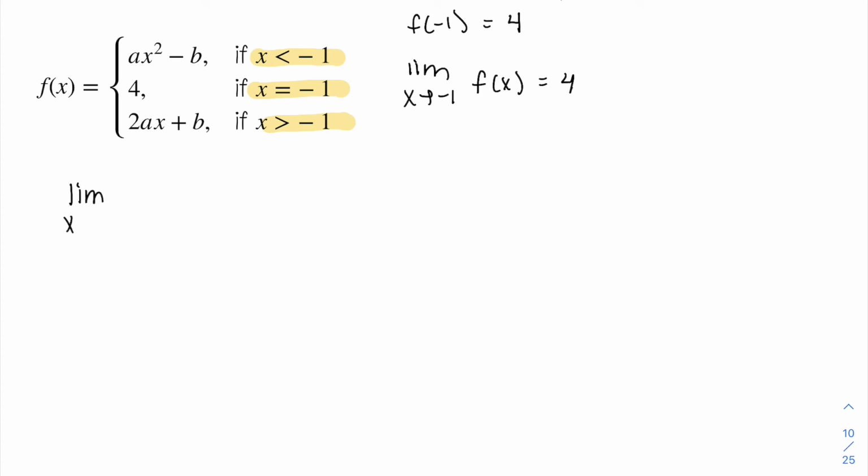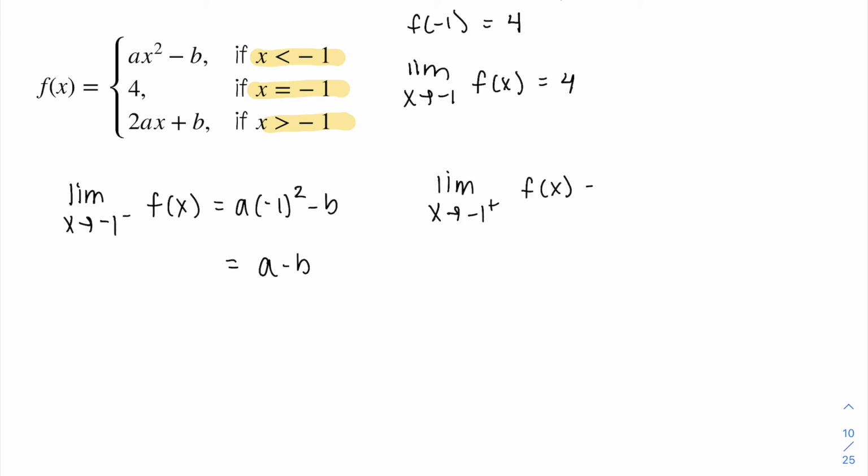Because this is a piecewise function, to evaluate that overall limit, we have to take the limit from the left and the right. If I take the limit from the left of f of x, that's going to put us into that top branch, a times negative 1 squared minus b. So that's going to be a minus b. And then the limit from the right is going to put us into the bottom one, 2a times negative 1 plus b.